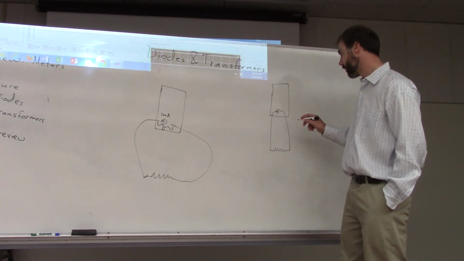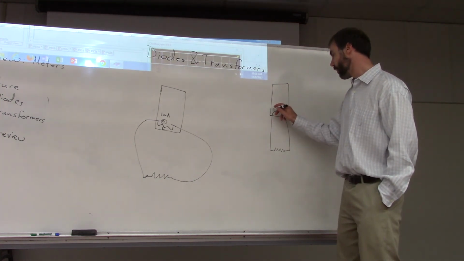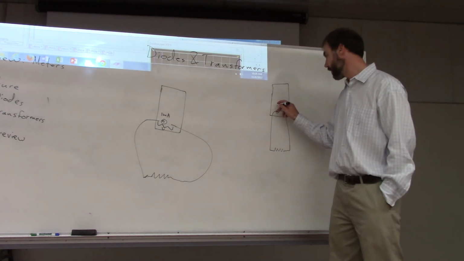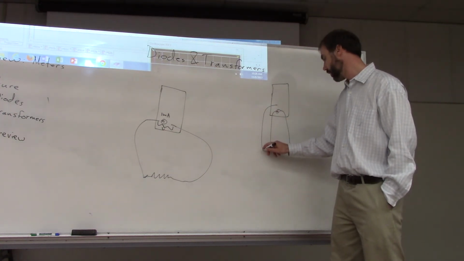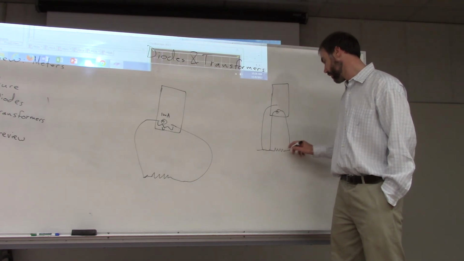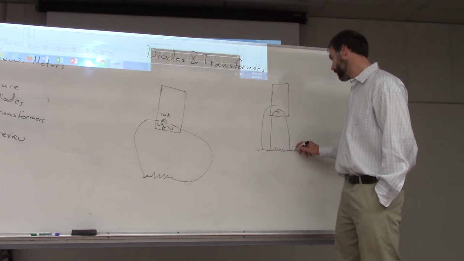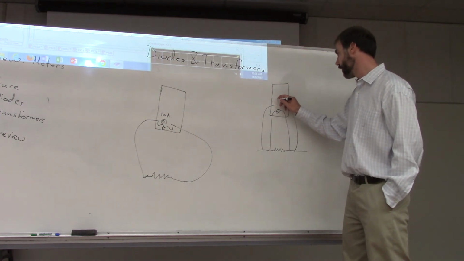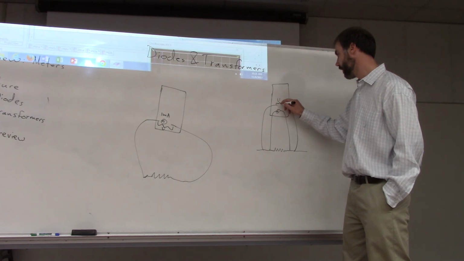But when you're measuring the voltage, you have a separate set of leads. So you've got another set of leads over here, and this is where you measure the voltage between these 2 leads.